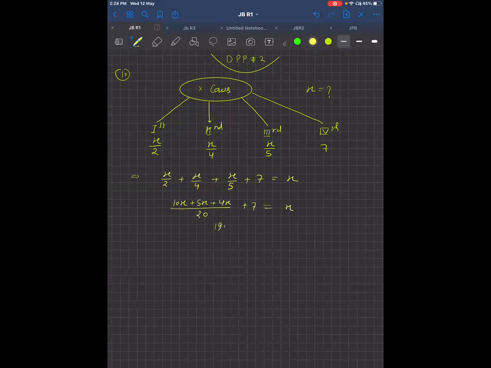Then 19x by 20 plus 7 equal to x. Let me move 19 by 20 x to this side. We get 7 equal to x minus 19x by 20. Take LCM 20: (20 minus 19)x by 20. So x is equal to 7 into 20, which is 140. So our answer is 140.